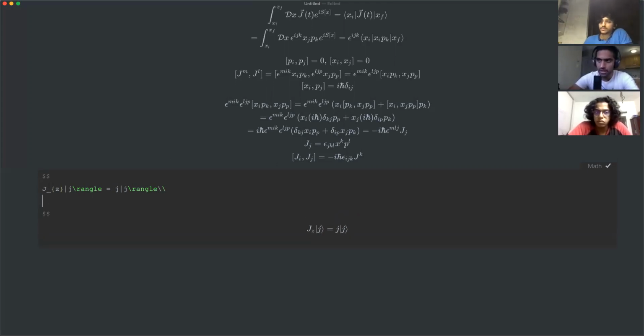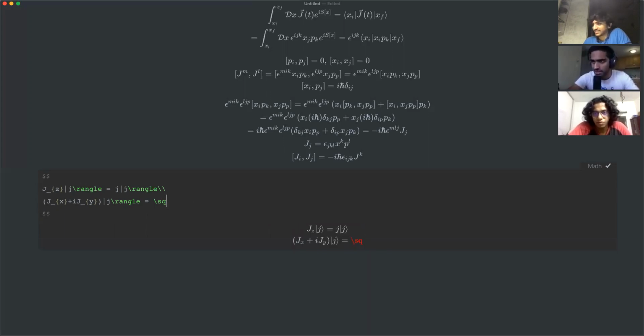So what will happen, and this is what your quantum mechanics education can hopefully teach you, is that Jx and Jy form these sort of ladder operators. So when this acts on J, for the life of me I can't remember, there's some square root and then there's some stuff.